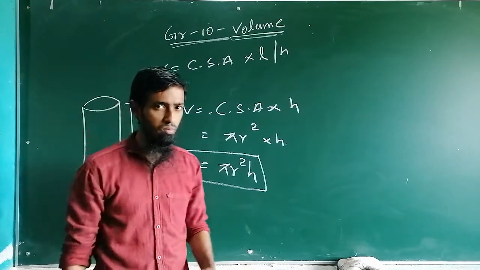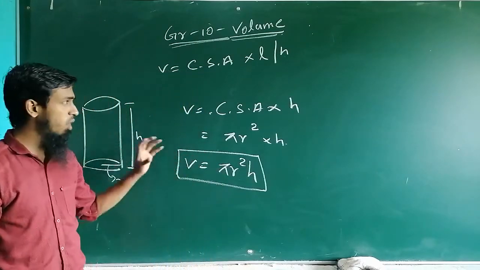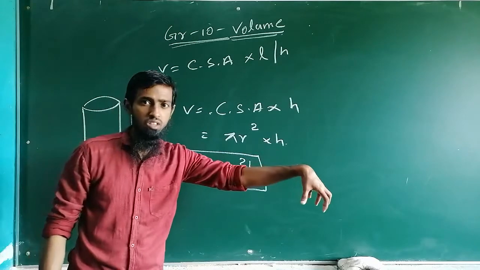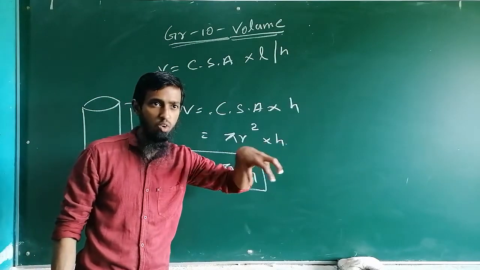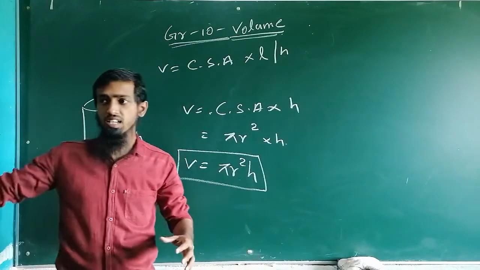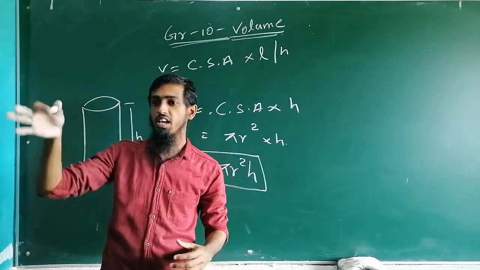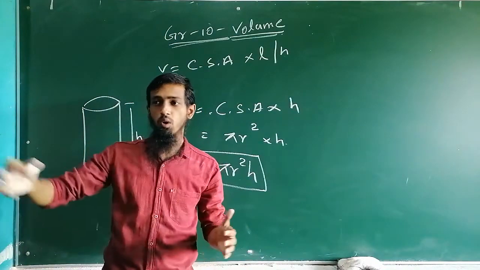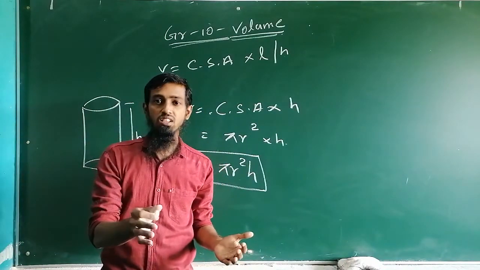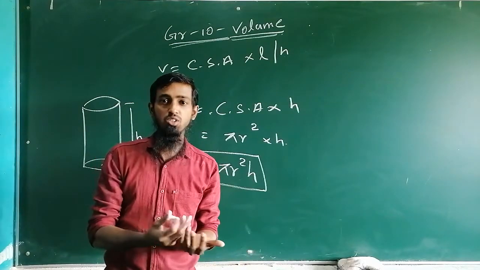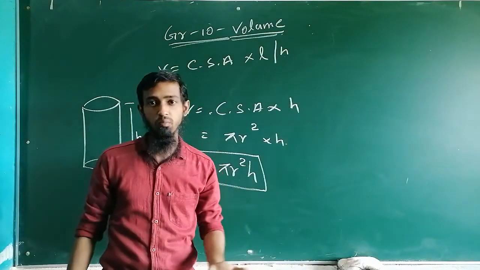Remember one thing: the volume is the last part of your question. The starting is perimeter, then area, then volume. Those three lessons are joined together in the question paper.